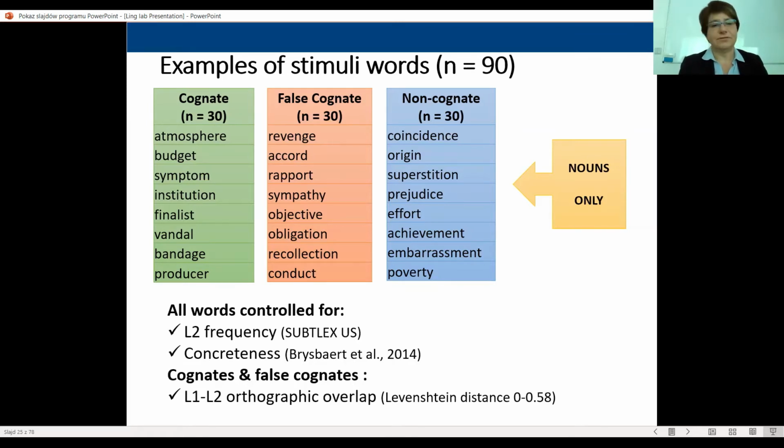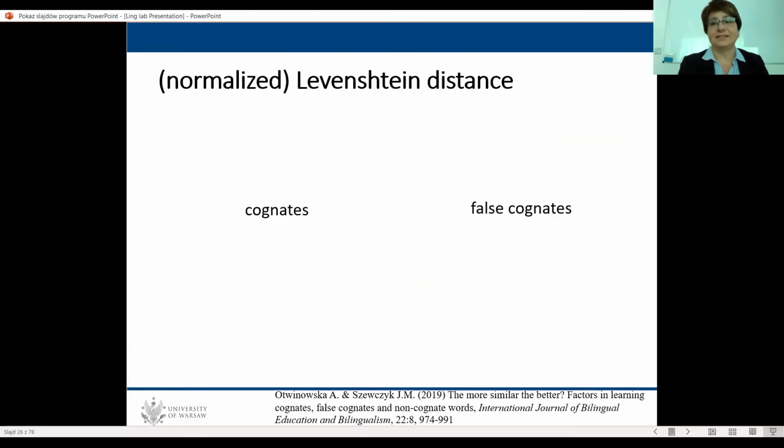And in the case of cognates and false cognates, we also controlled for the orthographic overlap in terms of so-called Levenshtein distance. Why is that important to control for? Well, what's this Levenshtein distance thing? It's a metric that can be used to measure how close orthographically some pairs of words are.